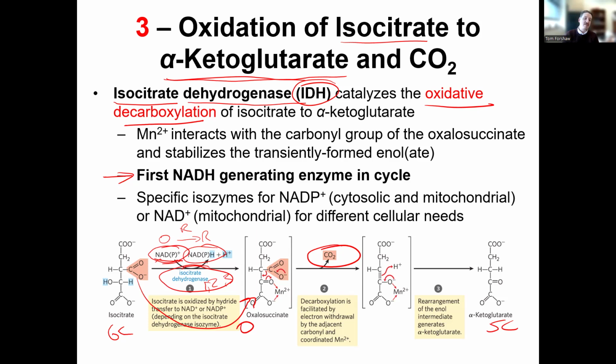And so depending on which one the cell needs, you can have a different isoform of isocitrate dehydrogenase generating one of the reduced nucleotide cofactors. But the reaction is generally the same: going from isocitrate to alpha ketoglutarate by oxidative decarboxylation, thus generating CO2.